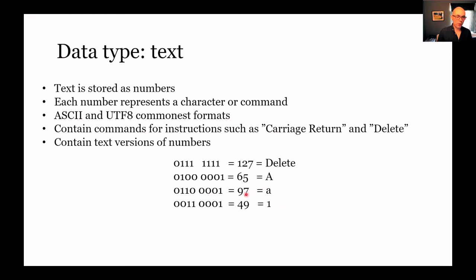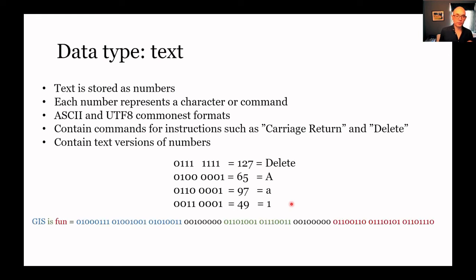But the important point here is that all of this is needed to store the character, to store the letter. So when we want to write a word, we need multiple bytes in order to write the word 1 or the word 2. Or, for example, here, when we think about writing out text, GIS is fun. I've color-coded these.